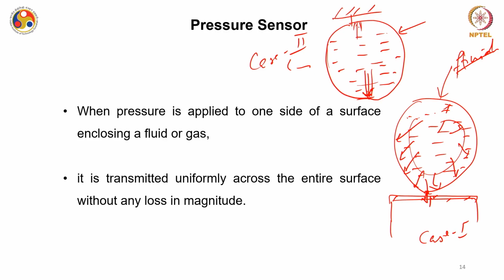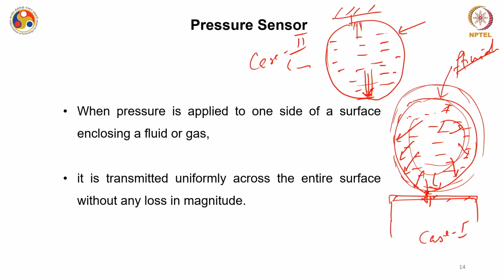So whenever pressure is applied to one side of a surface enclosing this fluid, it is transmitted uniformly across the entire surface without any loss in the magnitude. So pressure is applied to the entire surface of this balloon in both the cases.